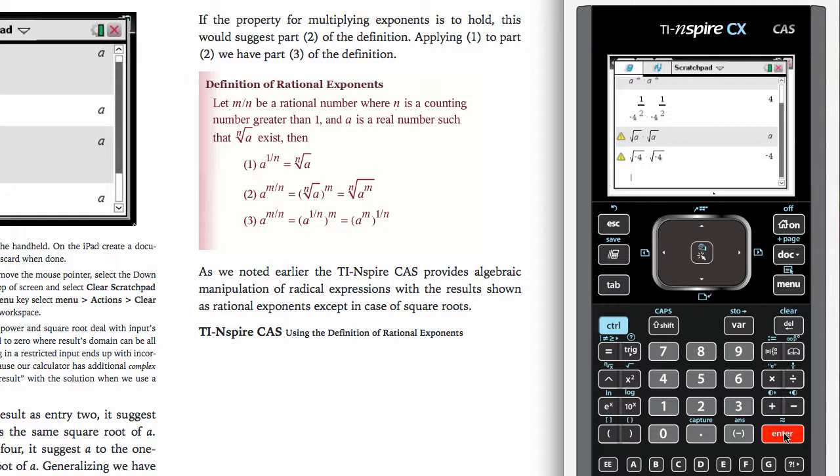So again, we have to be very careful when we do things on our CAS calculator, because we can't just assume that this answer is correct. So we can't take the square root of a negative.